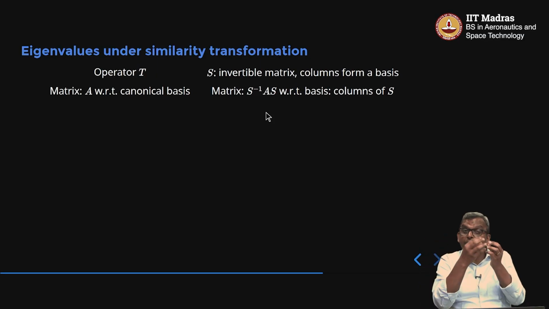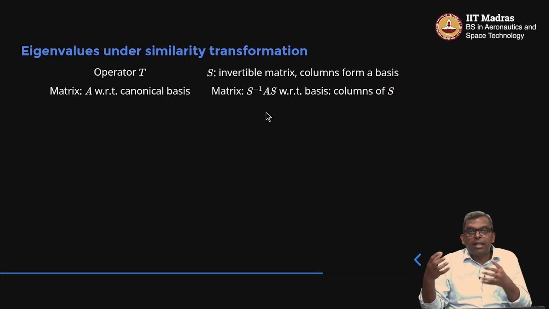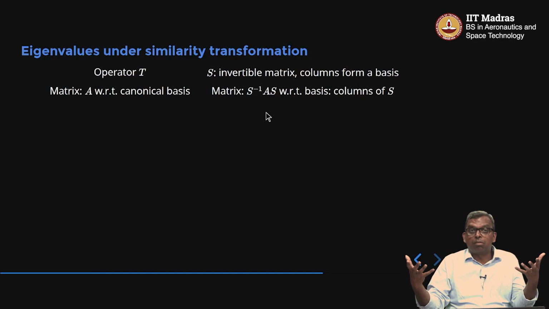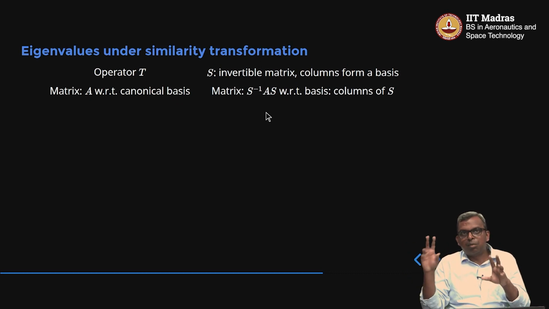So some properties of the operator should not change just because you went from A to S inverse AS. Okay, for instance, determinant of A. Determinant of S inverse AS and determinant of A are exactly the same. Why? Because determinant of AB is determinant of A into determinant of B. Determinant of S inverse is 1 by determinant of S. So determinant of S inverse AS simply becomes determinant of A.